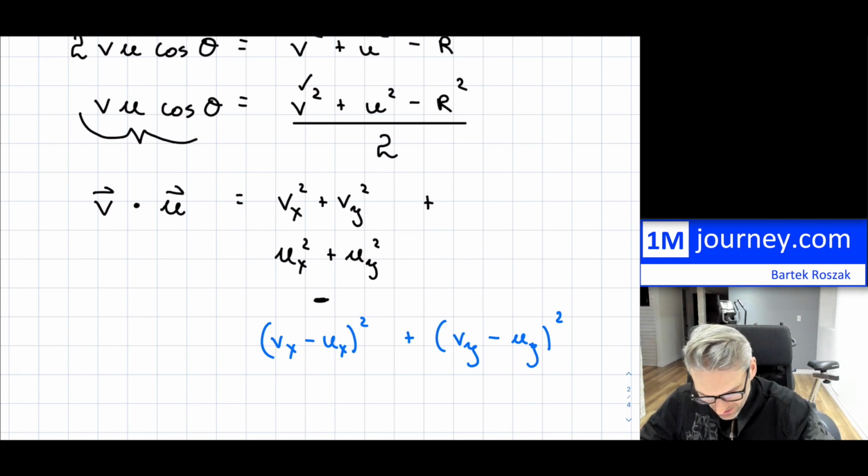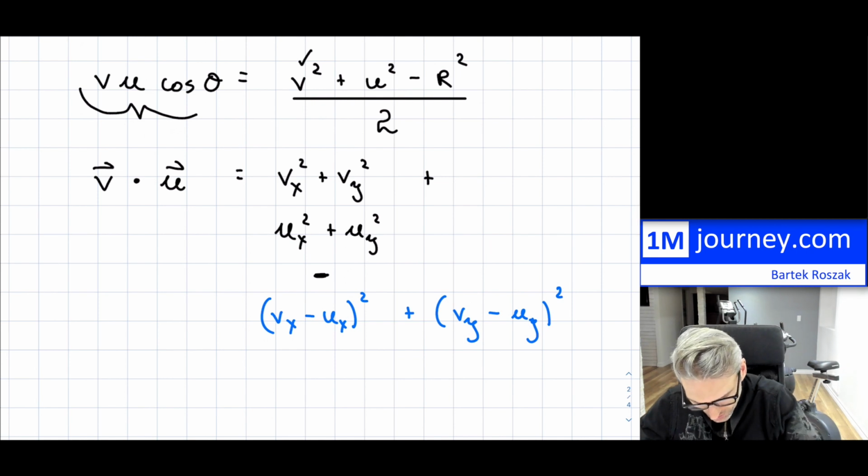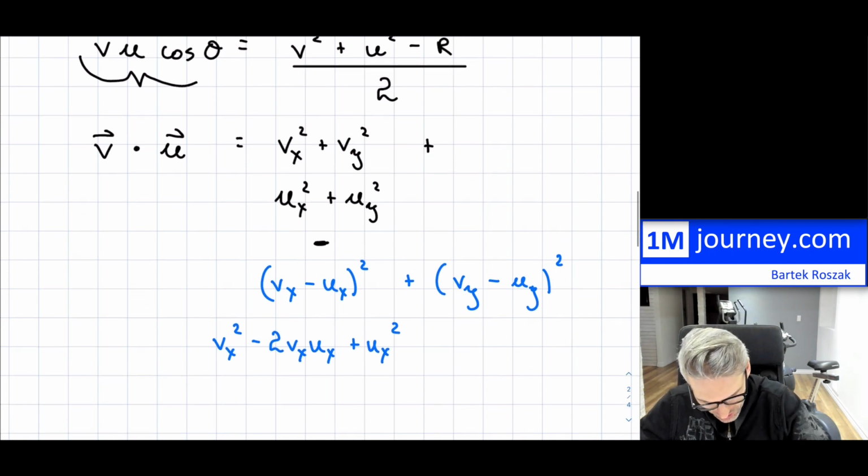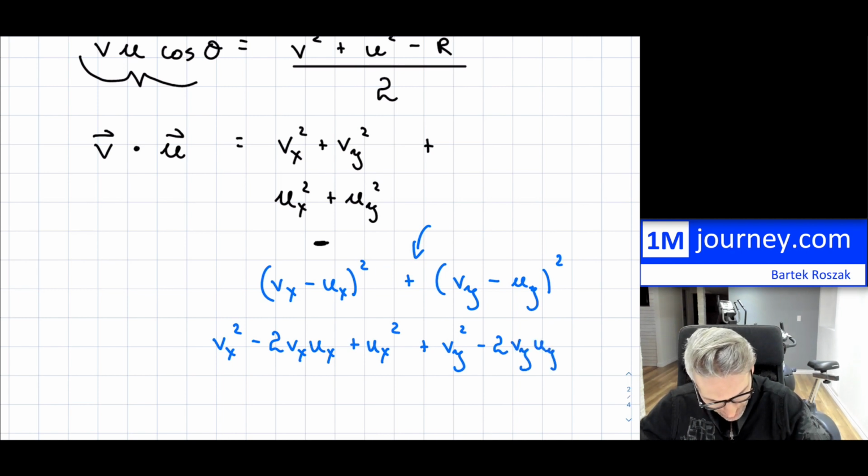Now, let me expand what I have there in blue. If I expand that out, that's going to be vx squared minus 2 vx ux plus ux squared. That's just the expansion of the square. Now plus vy squared minus 2 vy uy and plus, finally, uy squared.